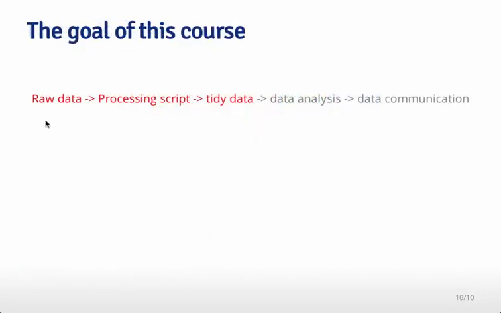So if you think about the whole pipeline of going from a raw data set that you might have in a database all the way to the end to the data that you might communicate to a colleague or a collaborator or a business partner, there's actually a large number of steps. And so what ends up happening in most statistics or machine learning classes, they focus on this data analysis step, which is an important component of the data processing pipeline.